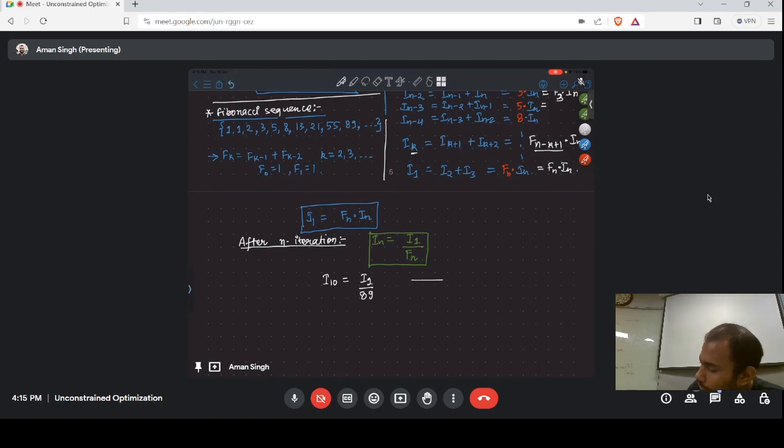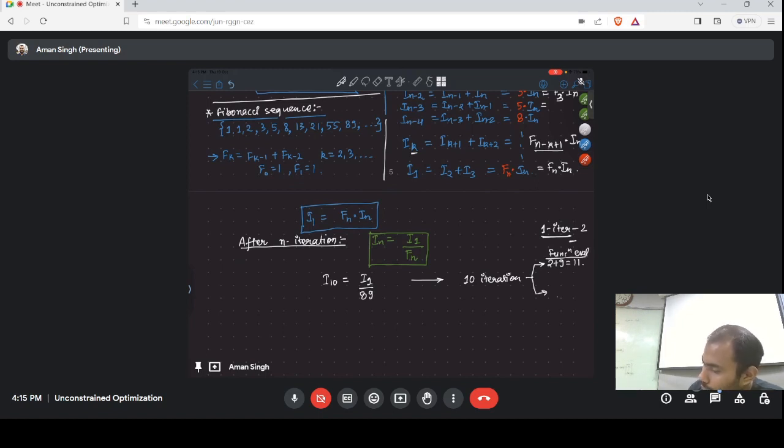So you can see after 10 iterations, the number of function evaluations, how many will they be? In the first iteration I will evaluate the function 2 times, and in subsequent iterations I'll evaluate one per iteration, correct? Which means 2 plus 9, equal to 11. So function evaluations are 11, correct?